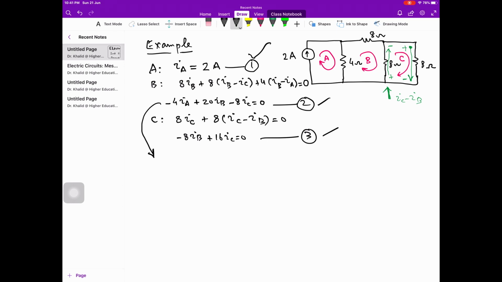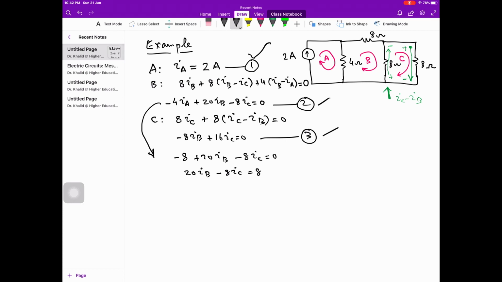We substitute IA equal to 2. So this is minus 4 multiplied by IA of 2 ampere. So minus 8 plus 20 IB minus 8 IC, equal to 0. And this is 20 IB minus 8 IC is equal to 8.